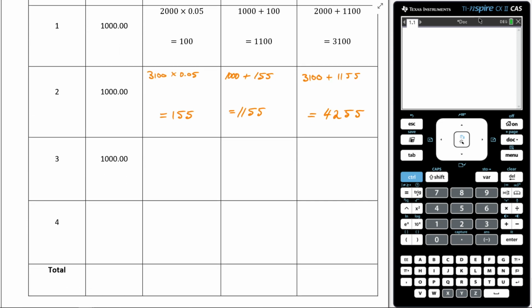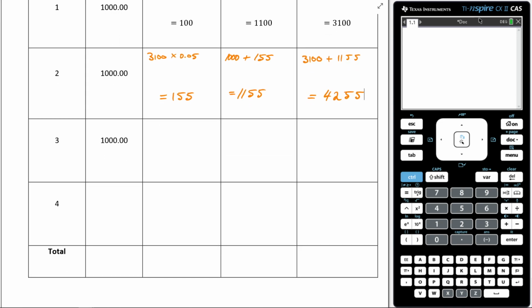Now we come to the third one. Again, to find the interest generated, we take the previous balance, 4,255, and multiply it by 0.05, which equals 212.75. Then I need to figure out my principal increase.